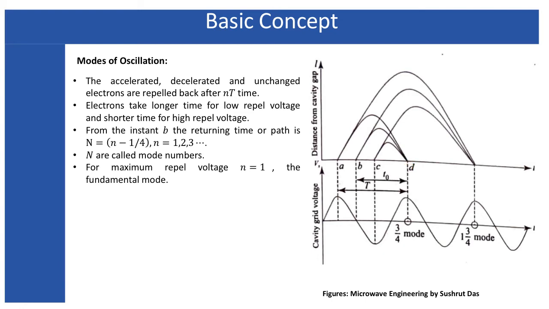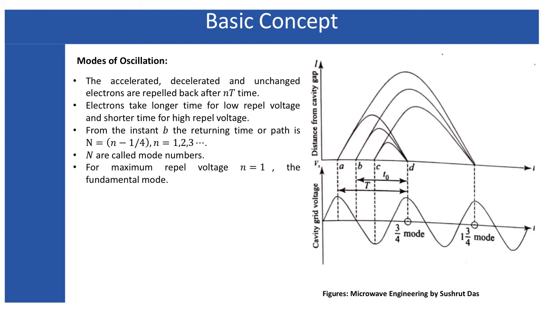The positive feedback can be achieved if you arrange that their return takes place at the same time instant when the cavity gap voltage equals the voltage at which they started to be velocity modulated, because we know for positive feedback the total phase shift should be 2 pi.